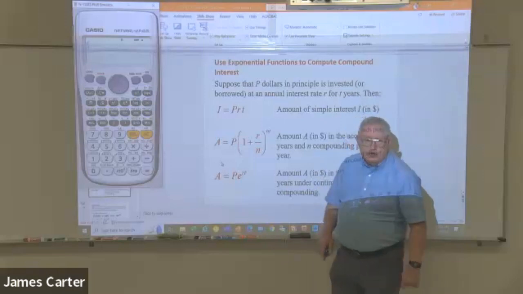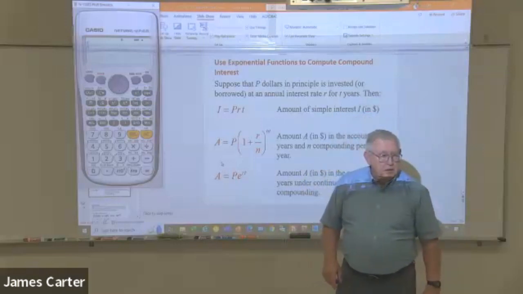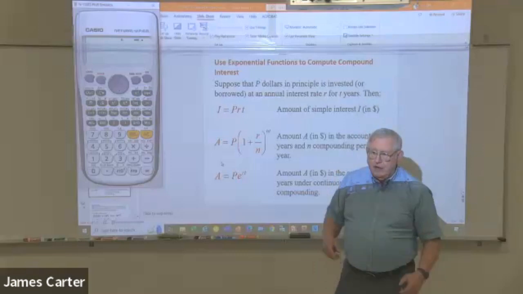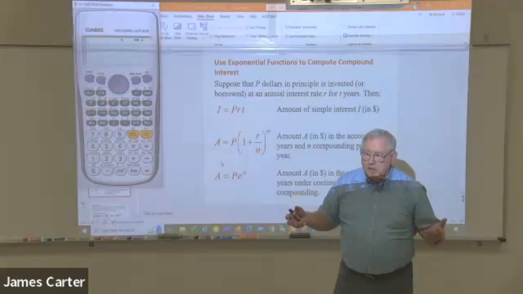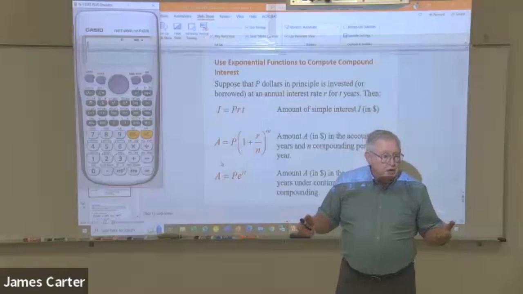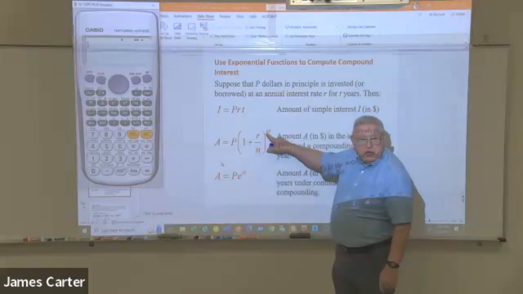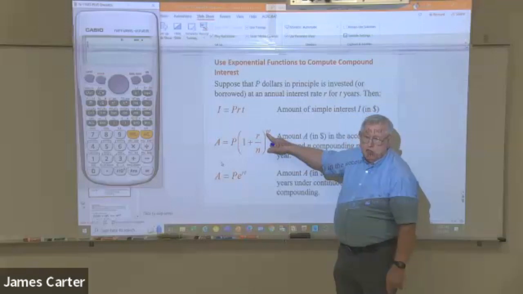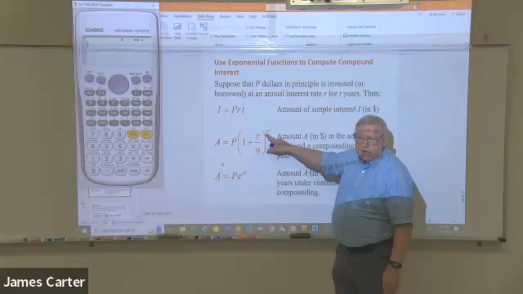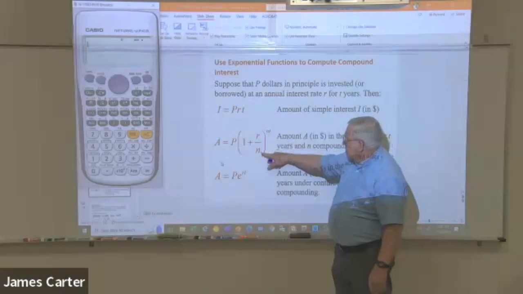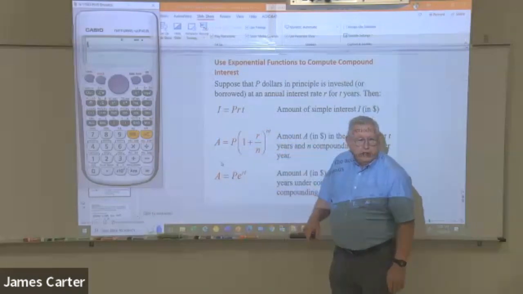If they tell you you're doing it quarterly, then quarterly is a fourth of a year. So then you're going to have 0.25 here and here. You could use the fraction, but that'd make it a lot more complicated, because then you'd have compound fractions.